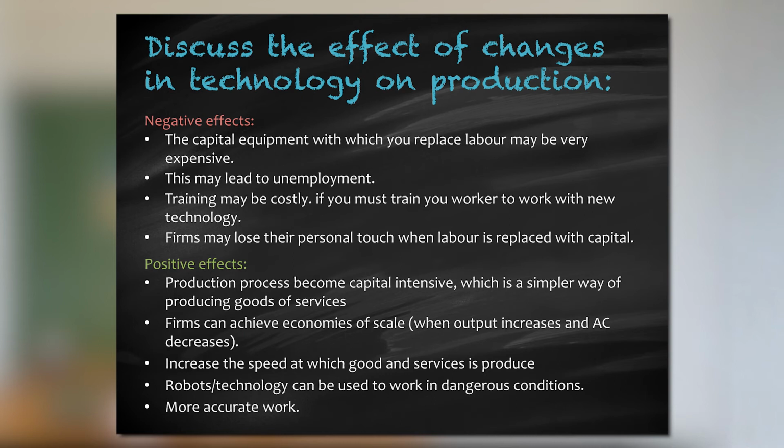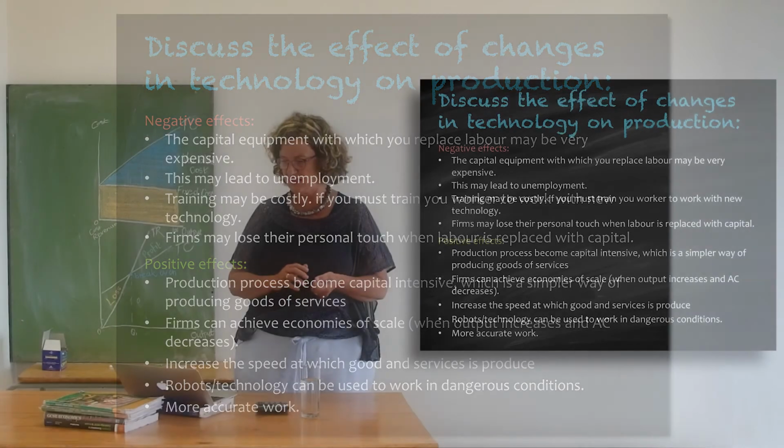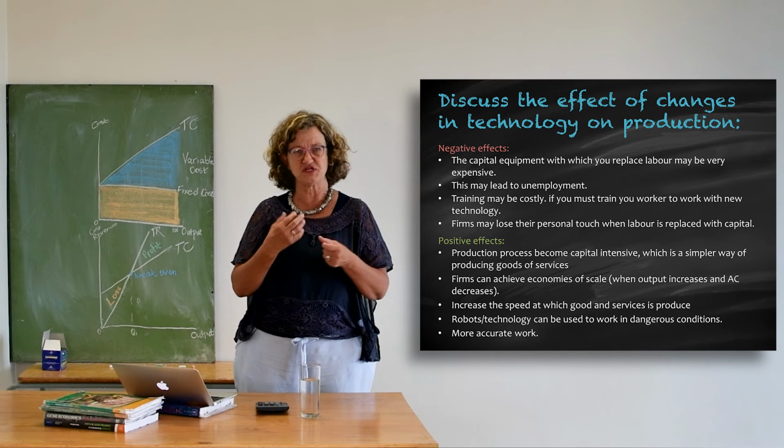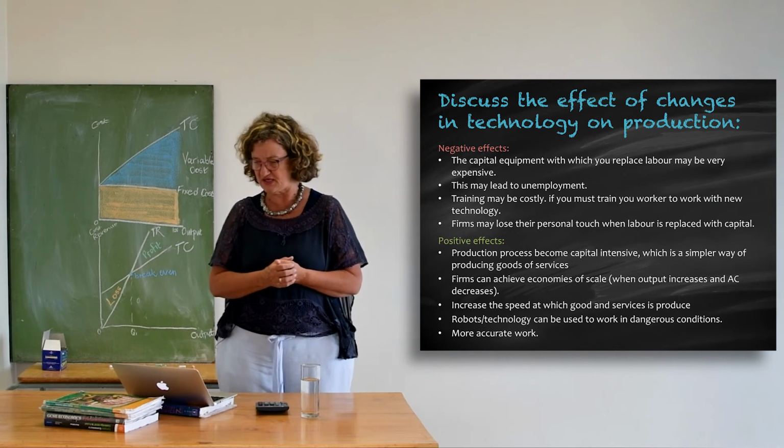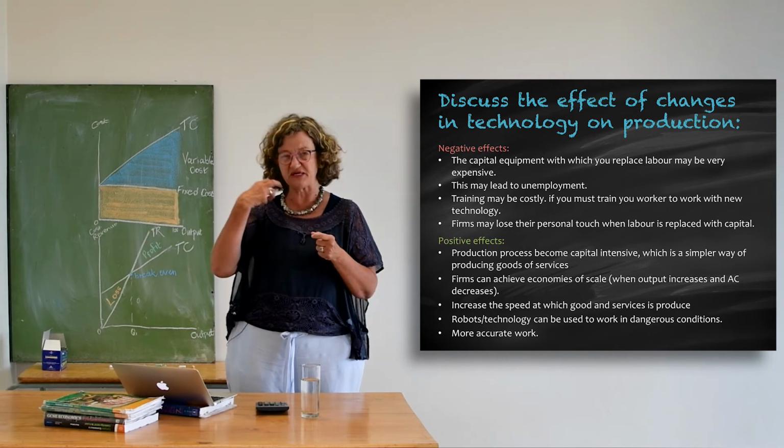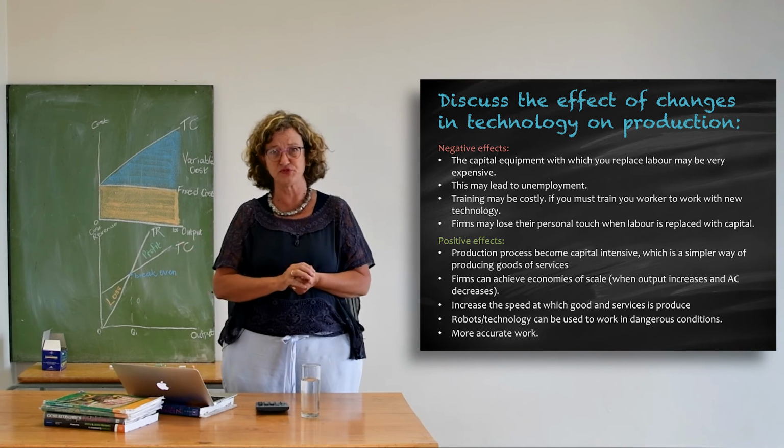Then it is a capital intensive business. If the production process is more handled by human labor, then it is labor intensive. So your process will change to become more capital intensive. The process will also be produced in a much simpler way.